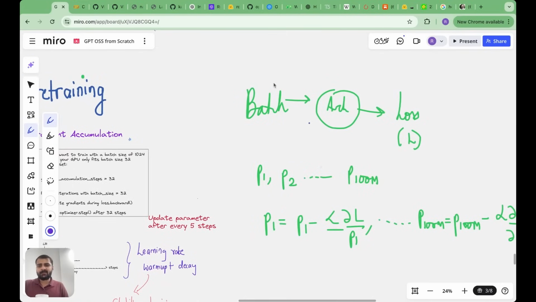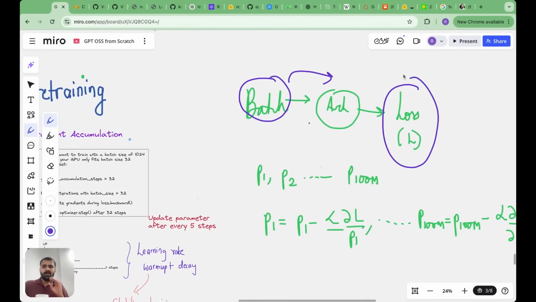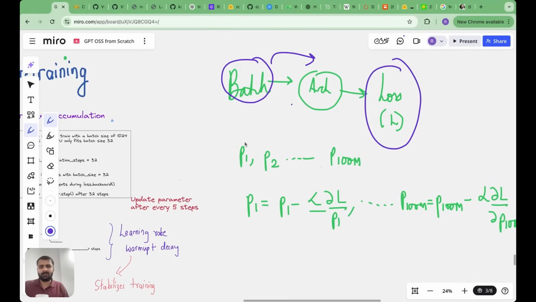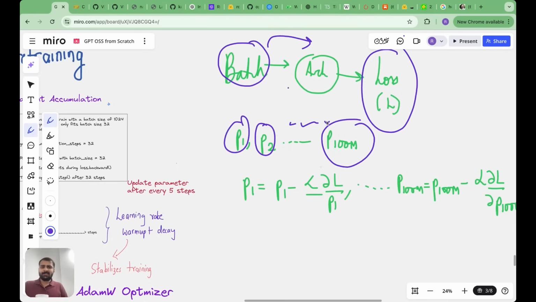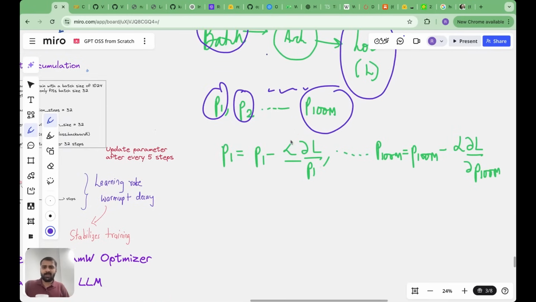Until now, we have seen how to take a batch, it goes through the architecture and we compute the loss, right? Let's say our model has around 50 million, 100 million parameters, and I'll call them P1, P2 up to P100 million. In the next step, we have to update these parameters. After we compute the loss for every batch, we'll do a simple gradient descent.